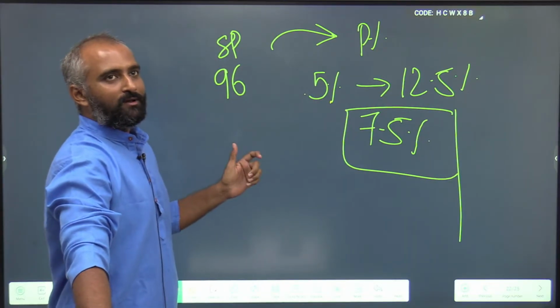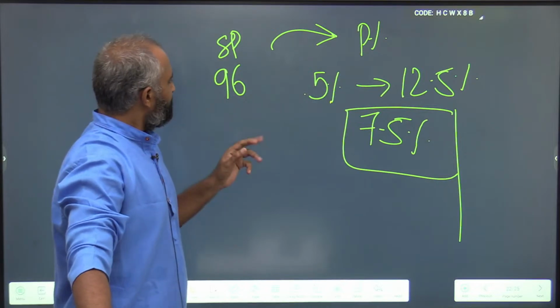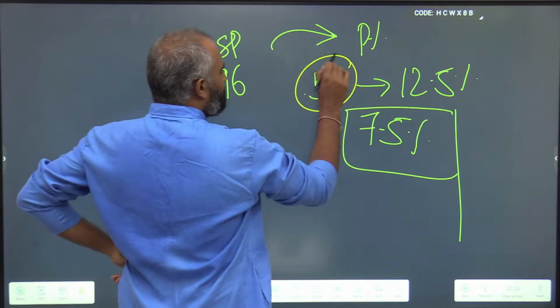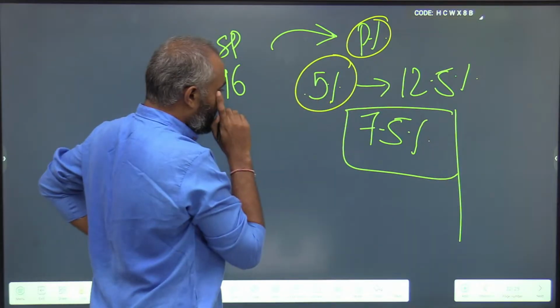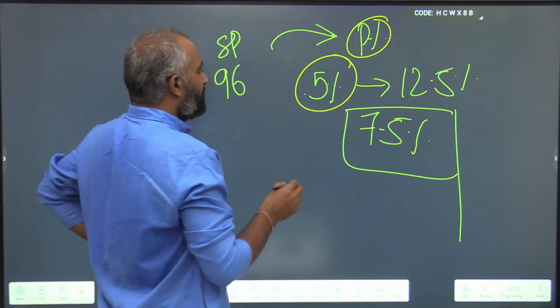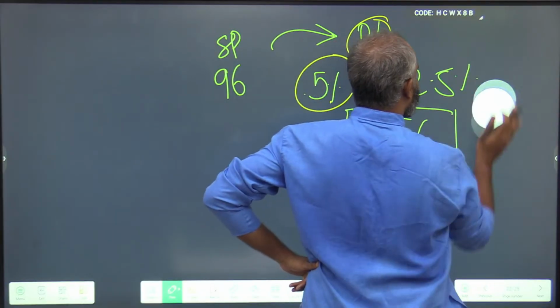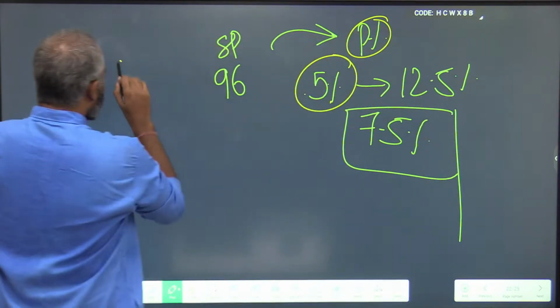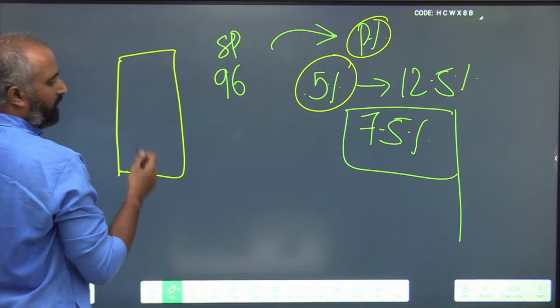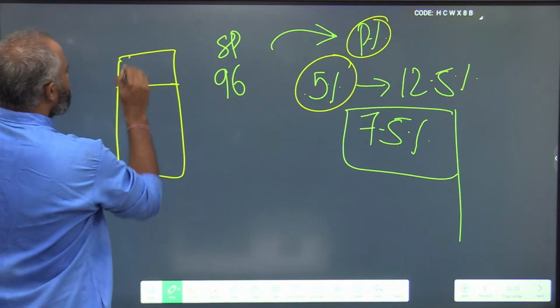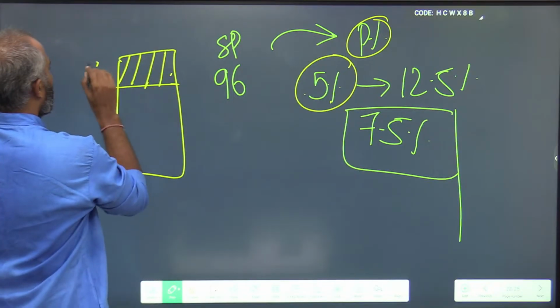You see, what is this 5%? 5% of profit, what is it telling you? It is telling you that there is a block called CP, or a value called CP, and 5% of this was the first case.